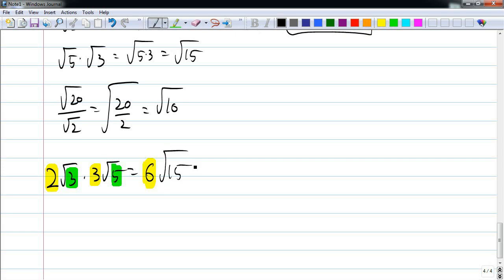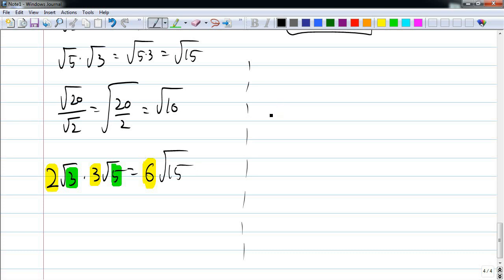Okay. Now, throwing variables in the mix, nothing changes. All of the rules that you've learned about multiplying exponents and simplifying radicals still apply. So let's take a look at an example, and then we will call it a day.